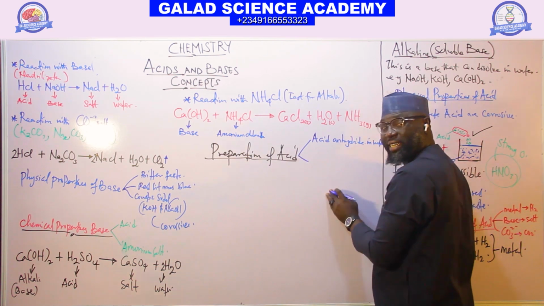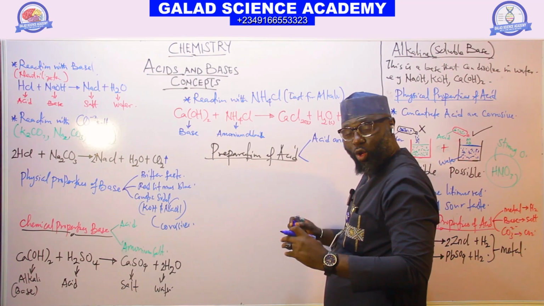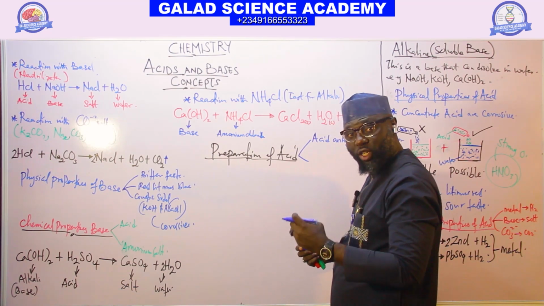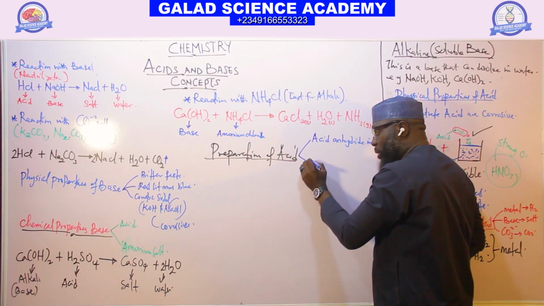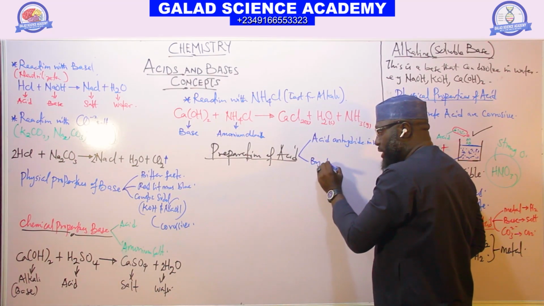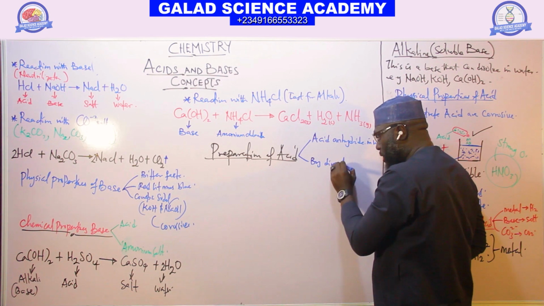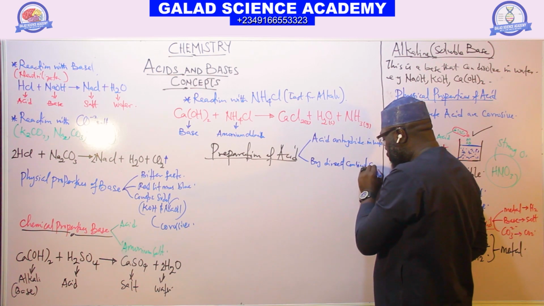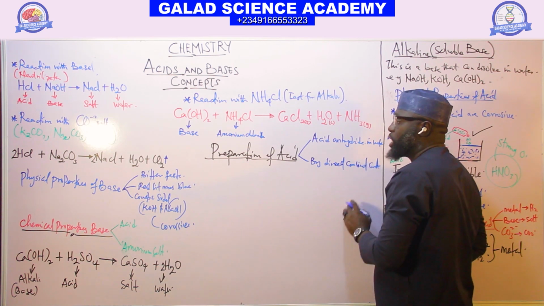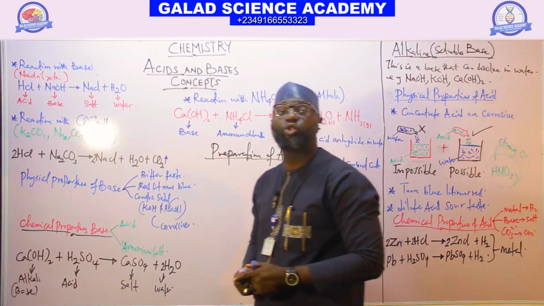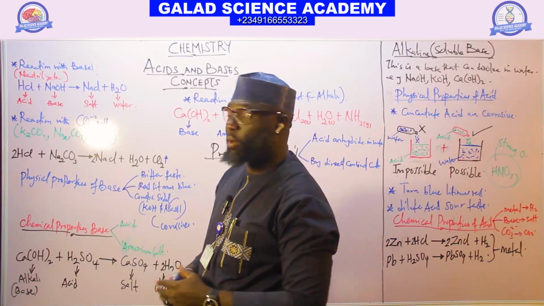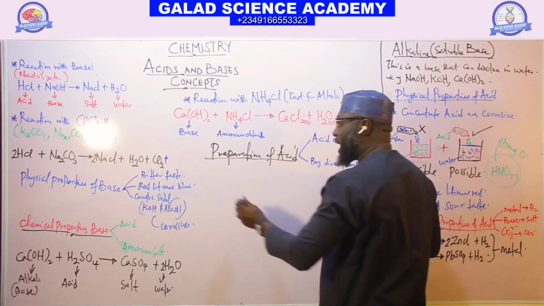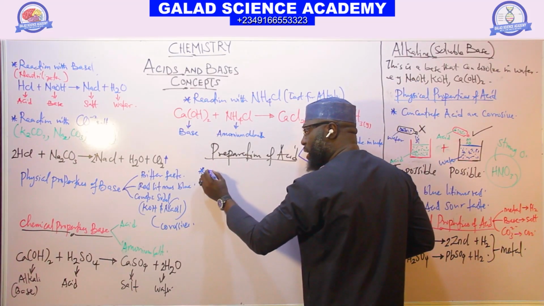Number two, by direct combination of constituent elements. So those are the two methods that we can use to prepare acid in the laboratory. The first one is by dissolving acid anhydride in water.